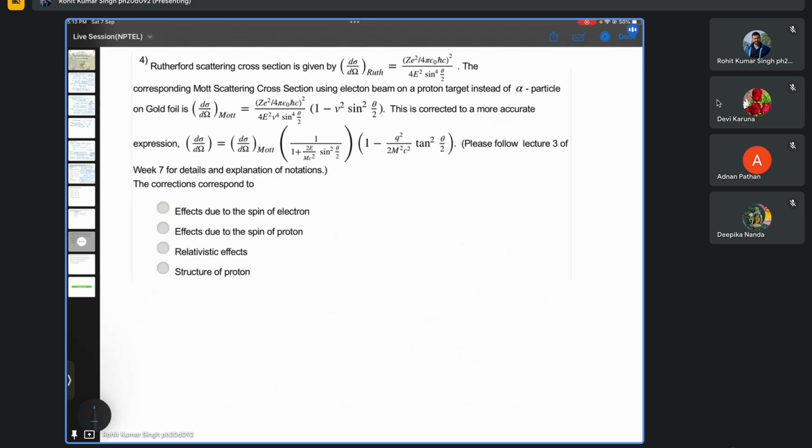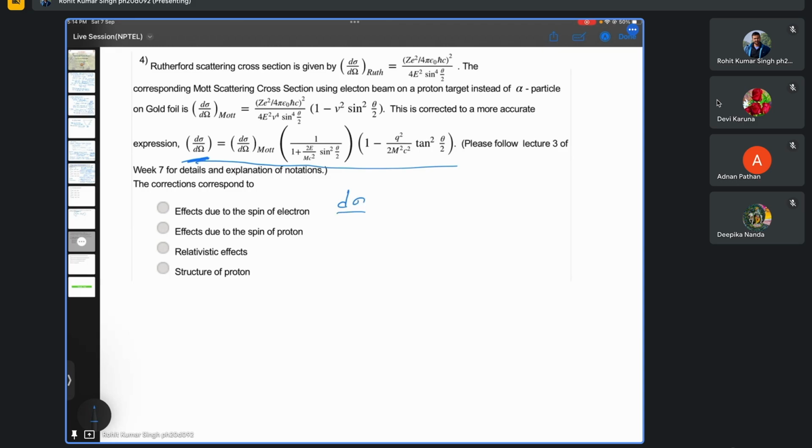Okay, then there is one problem on Rutherford scattering. I think in the lectures there is a discussion on the corrected differential cross section of Rutherford scattering. In this expression, this is the total corrected expression.